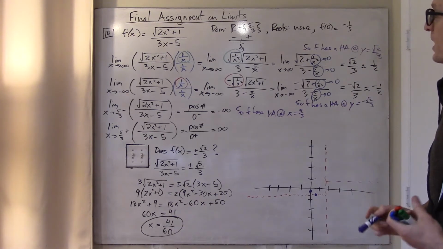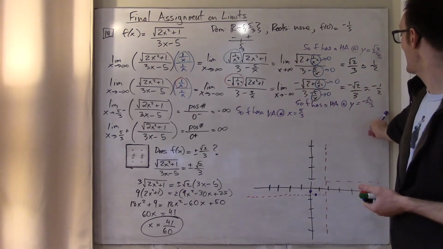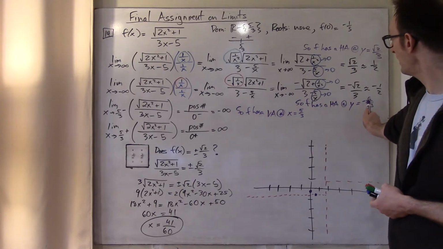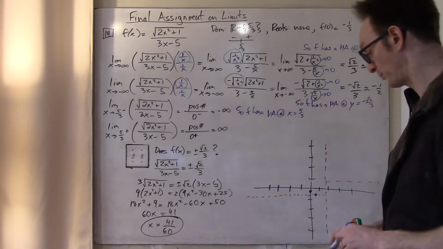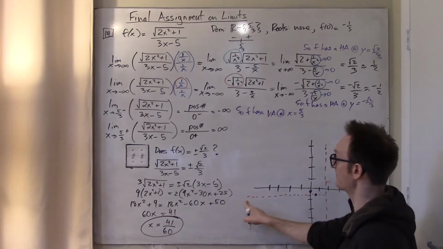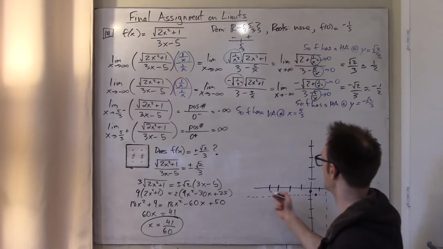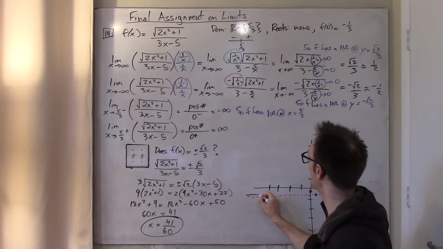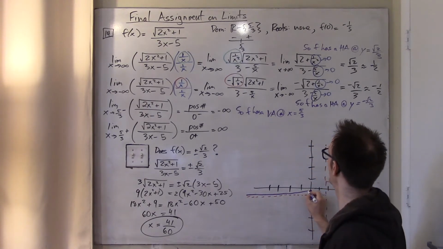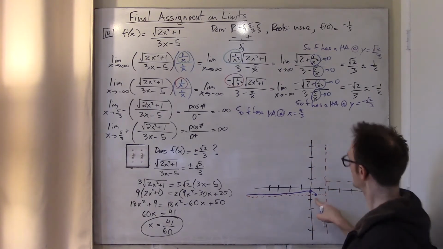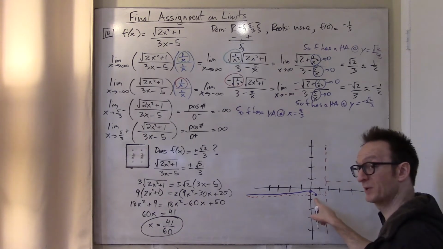At negative infinity, I am very close to negative root 2 over 3, and it must be the case that I'm just above that asymptote because I only cross it one time, which is here. And so I got some kind of thing like this.